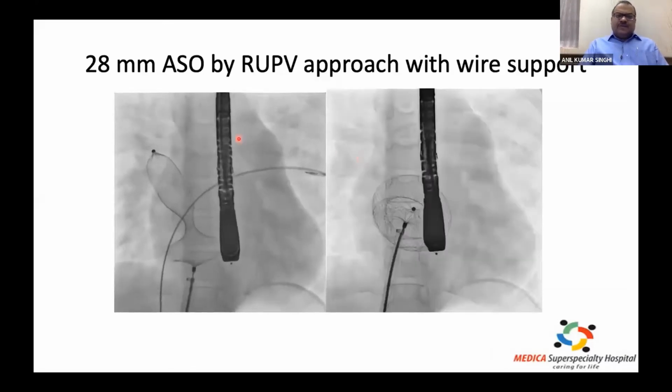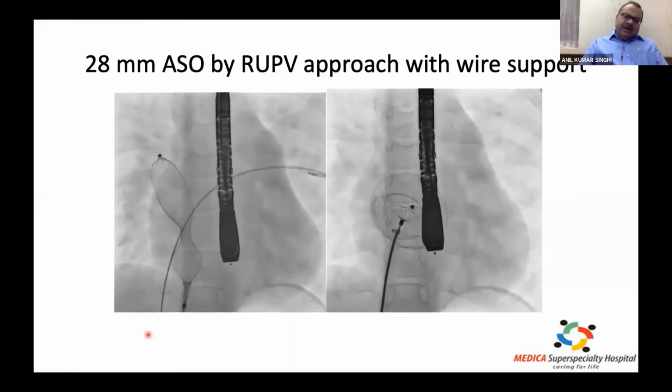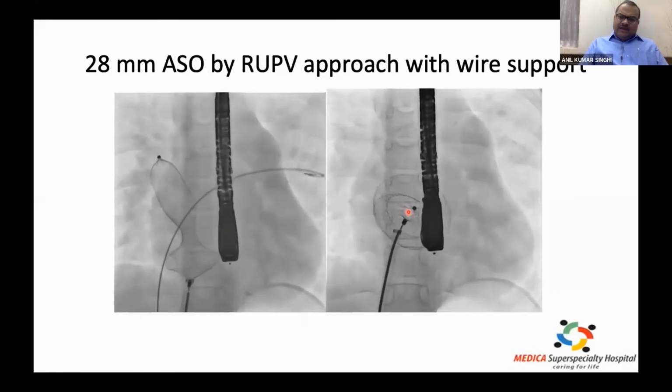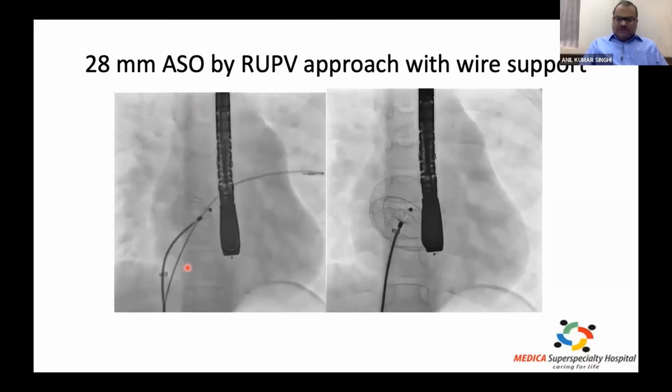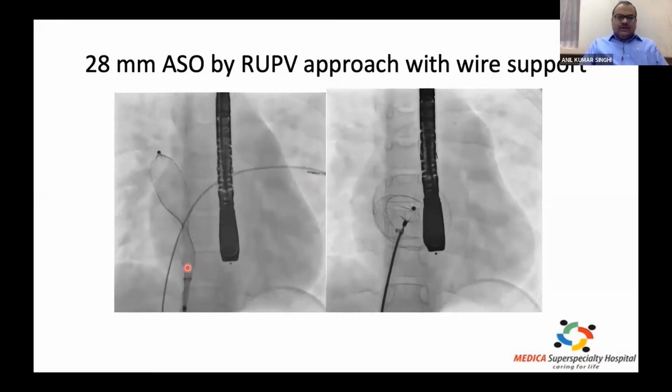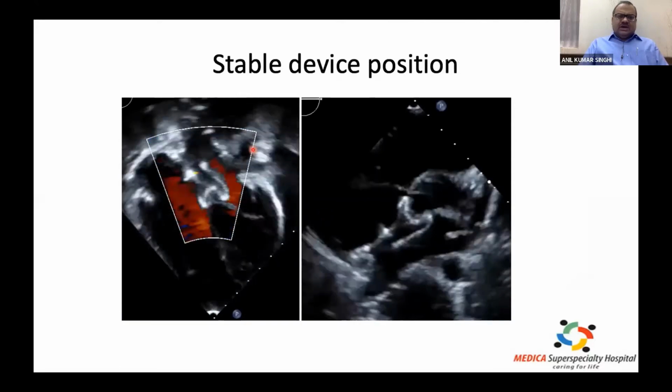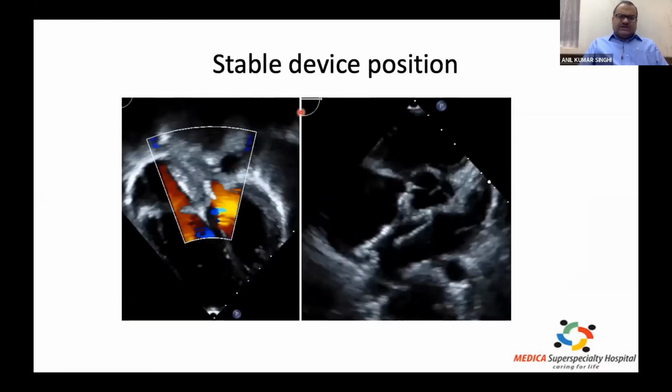So here we took a 28 millimeter atrial septal occluder in the right upper pulmonary vein approach with wire support. Another wire and catheter is kept in the left upper pulmonary vein, and under TE guidance we closed the defect. So this is post procedure a stable device.